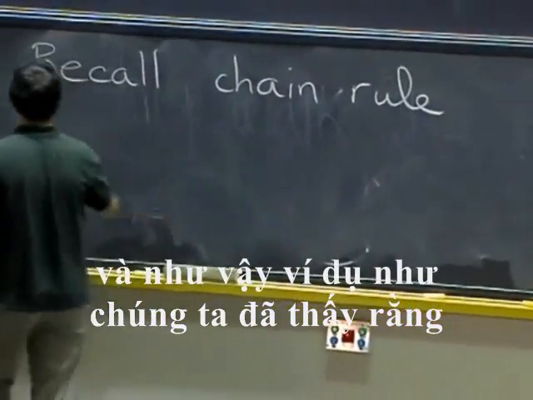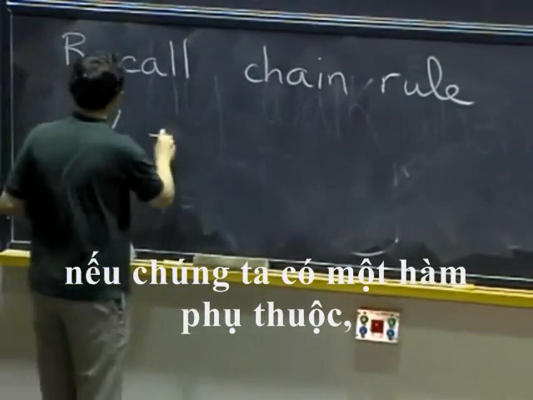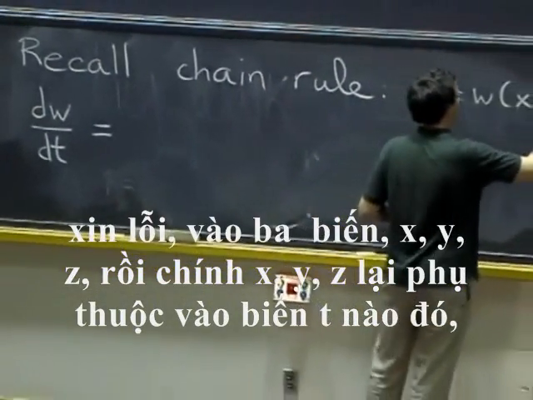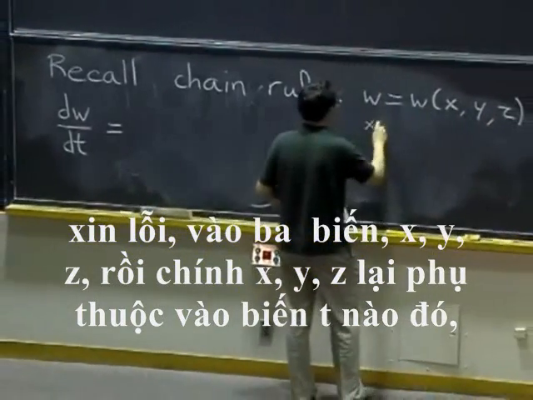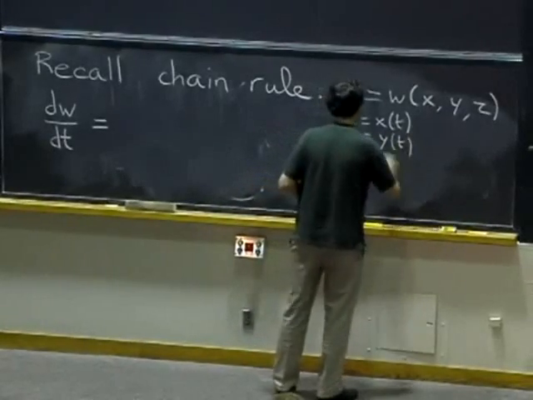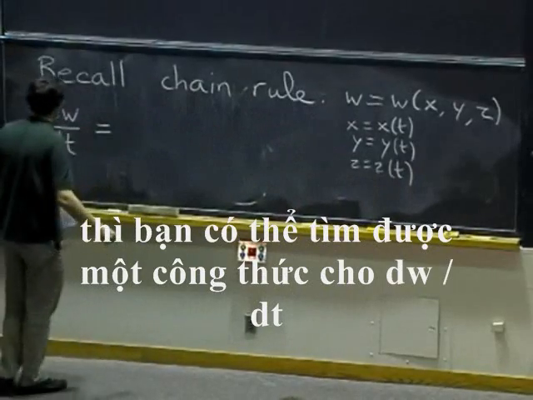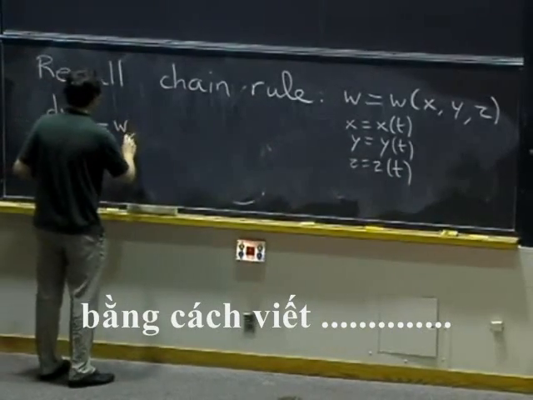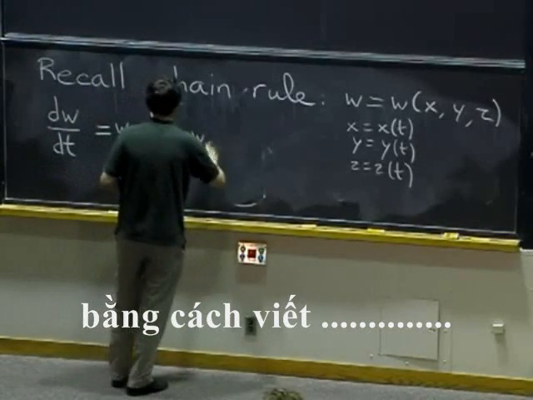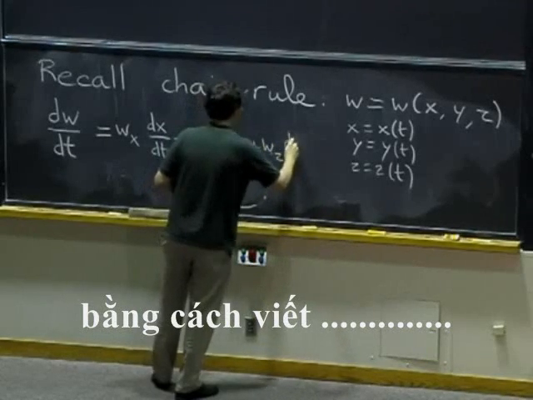For example, we saw that if we have a function w that depends on three variables x, y, z, but x, y, z themselves depend on some variable t, then you can find a formula for dw/dt by writing down w_x dx/dt plus w_y dy/dt plus w_z dz/dt.